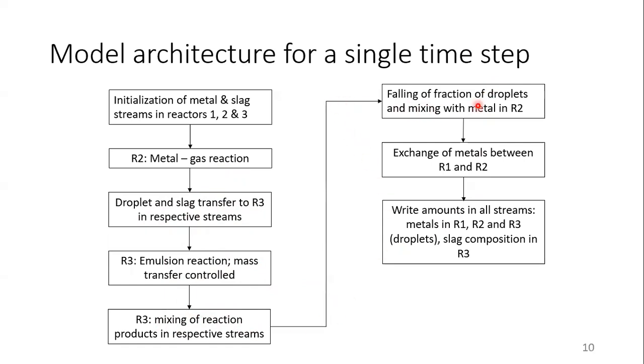After that reaction, some fraction of the droplets will fall and come to R2, and then you'll have an updated chemistry and temperature of R2 because of that reaction. And finally, there is an exchange of metals between R1 and R2. At the end of this one time step, we update the chemistry of metals and slag in R1 and R2, and R3, which is in the droplet form, and then R3 also with the slag.